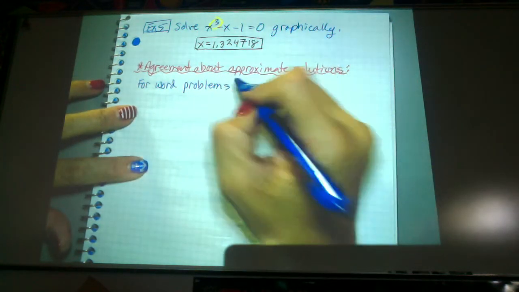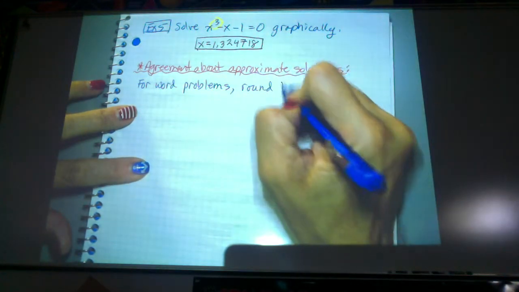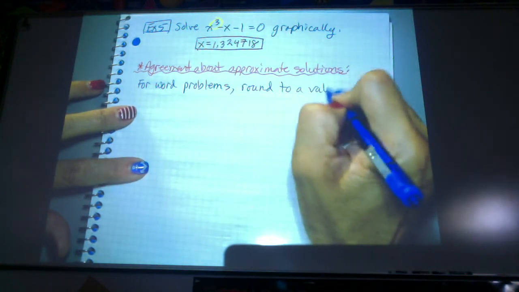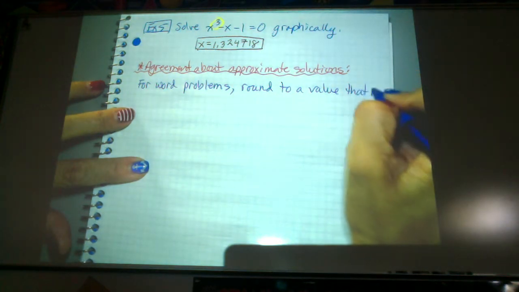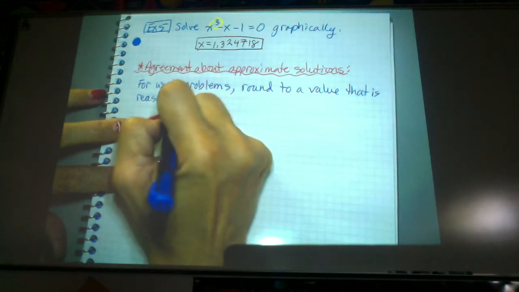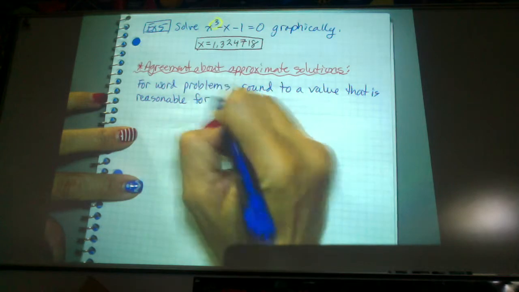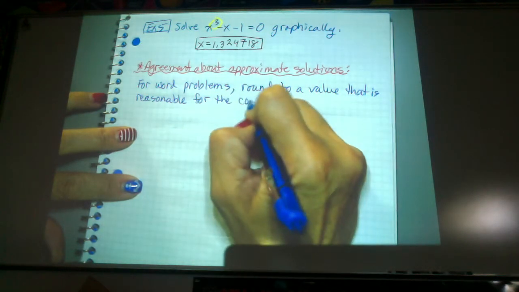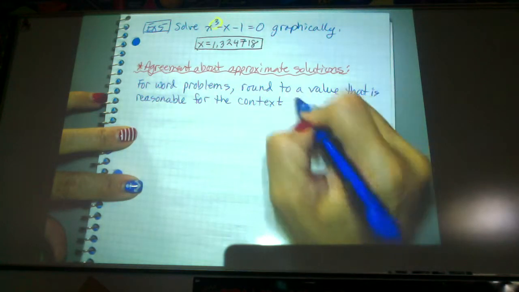Those are word problems, comma, round to a value that is reasonable for the context of the problem.